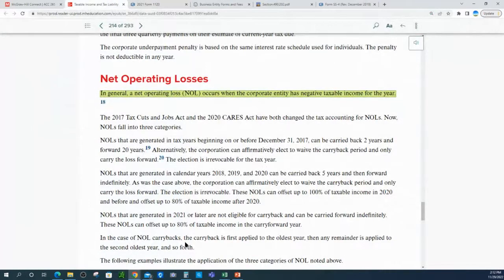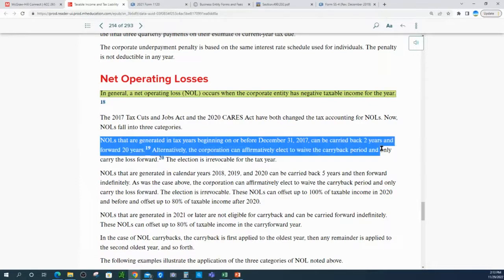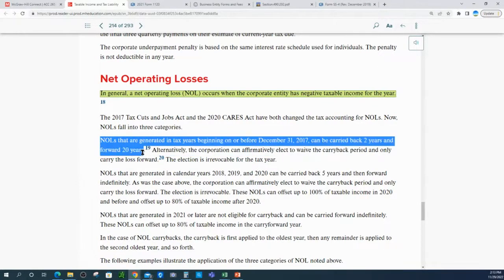All right, so there were some changes with the implementation of the CARES Act. It's called an NOL, net operating loss. NOLs generated on or before December 31st, 2017, carry back 2 years and carry forward 20 years.